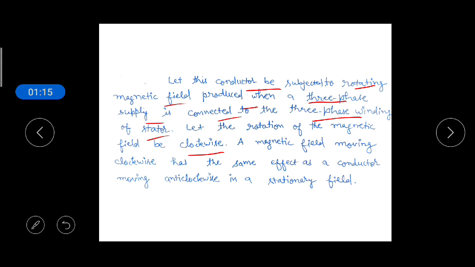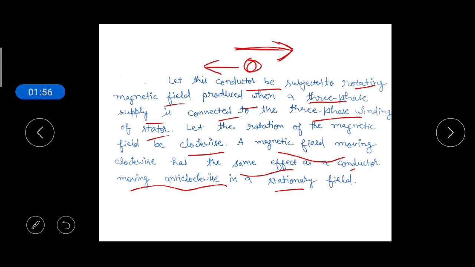A magnetic field moving in the clockwise direction has the same effect as a conductor moving in the anti-clockwise direction in a stationary field. Since we have a clockwise direction, and this is your conductor, we can consider that if this is the direction of the magnetic field and this conductor is stationary, this conductor is acting in a direction opposite, or anti-clockwise, to the direction of this magnetic field.